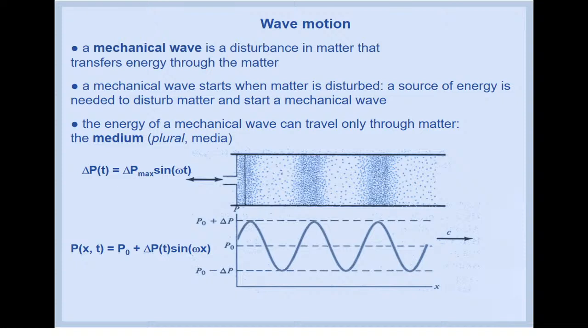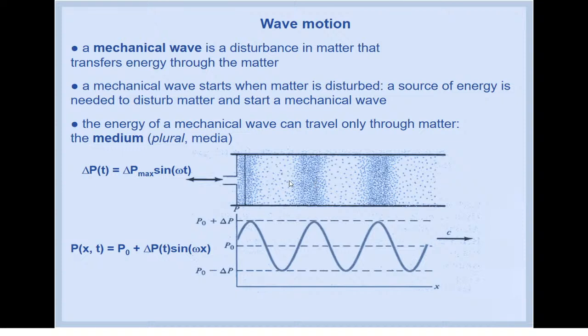This disturbance also travels outward. You can see this disturbance by the piston of the air that is in the cylinder, so that is not closed.